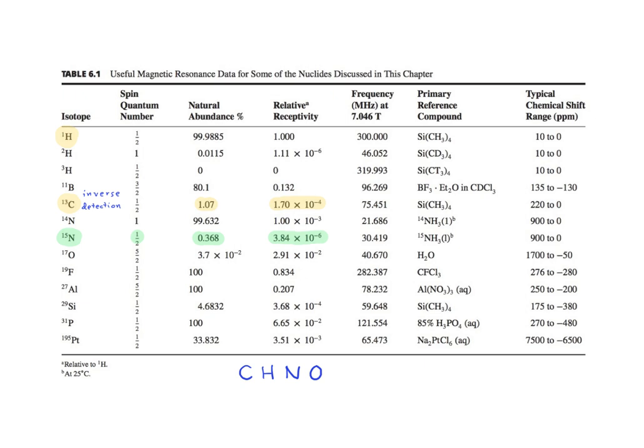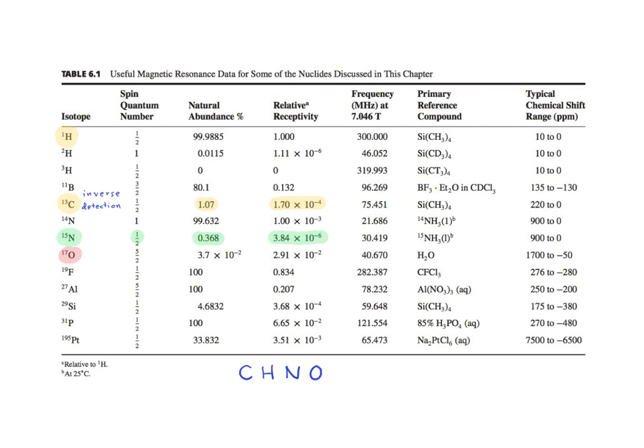Oxygen-17 has some potential. Craig Hill's laboratory at Emory has in the past done some work with oxygen-17 NMR, but I will not discuss that any further in this course.